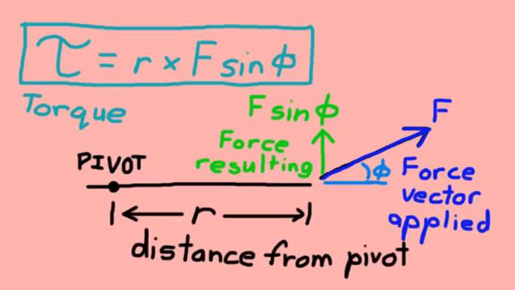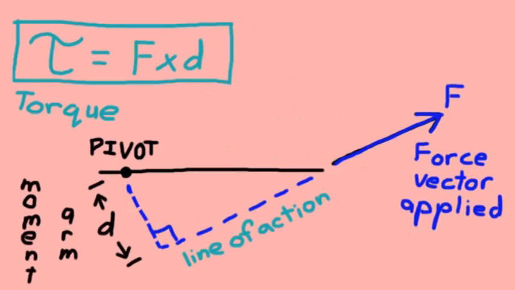The torque can be calculated either by multiplying the distance from the pivot to the position at which the force is applied and the component of the force that is in the direction the object is moving, or by multiplying the full force by a component of the distance from the pivot to the applied force point called the moment arm.